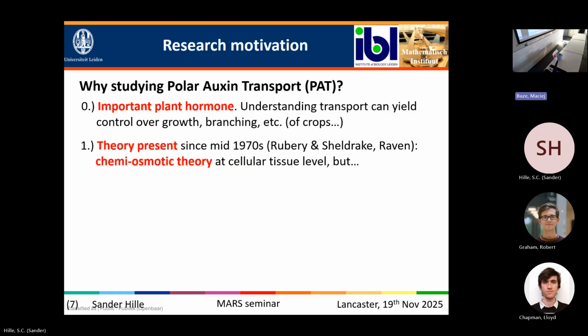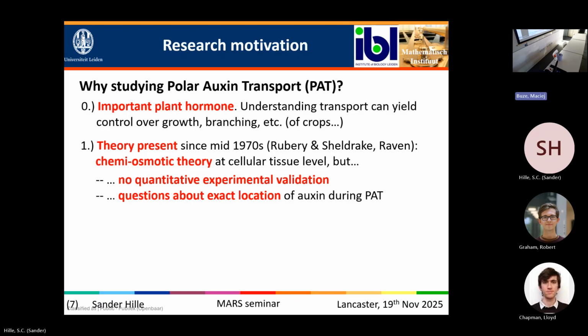And there's also another interest: already in the mid-1970s, a theory about this was formulated by Rubery and Sheldrake, and Raven, called the chemiosmotic theory. I'll come back to that slightly later.